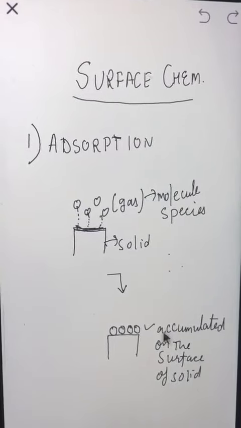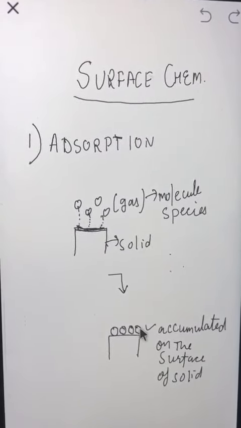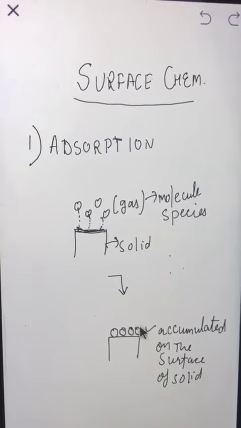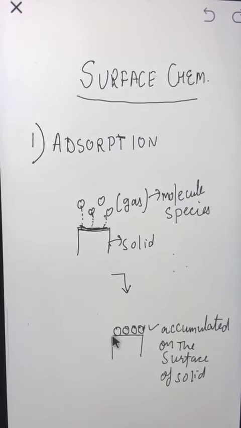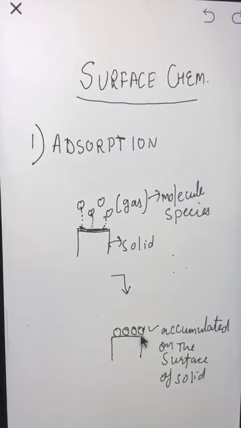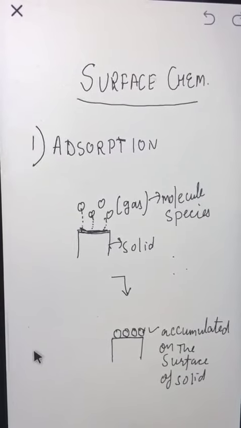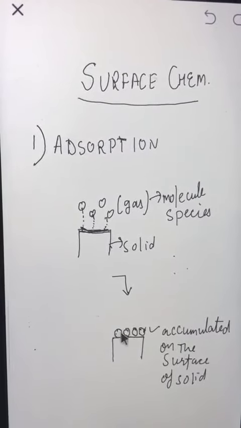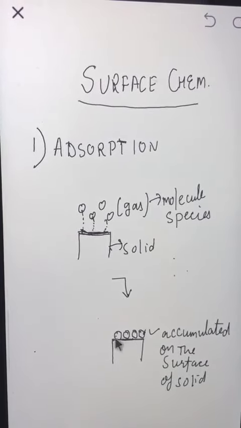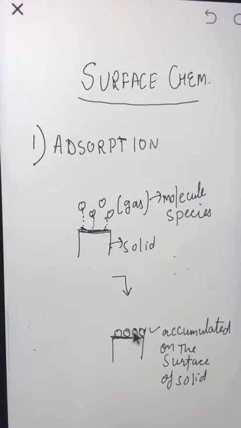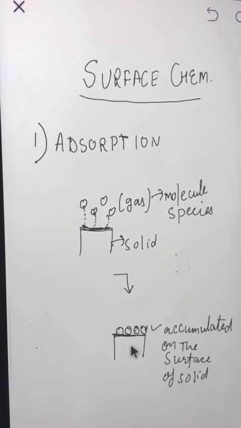So this accumulation of the molecular species or the gaseous particles in this example which I have taken, so this accumulation of molecular species or gaseous particles on the surface of solid, right, is called as adsorption. So basically the particles are just getting adhered or attached on the surface. They are not entering inside the surface.